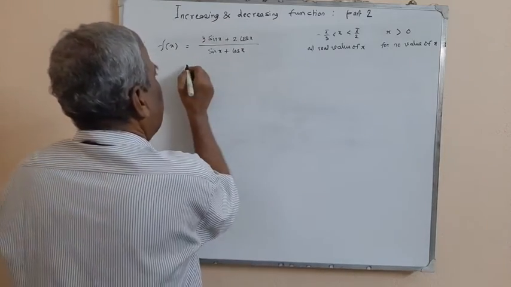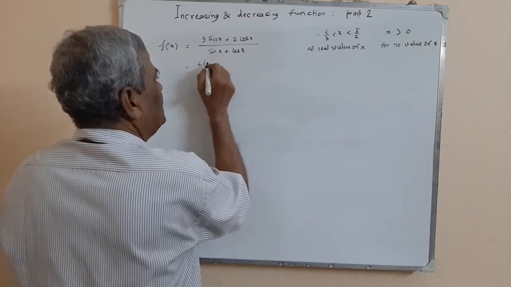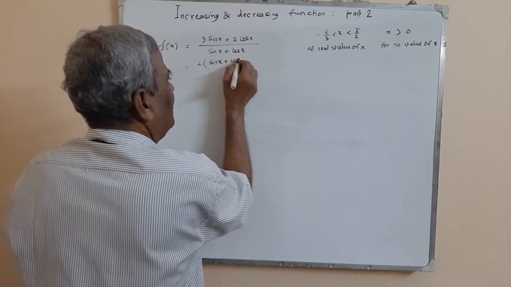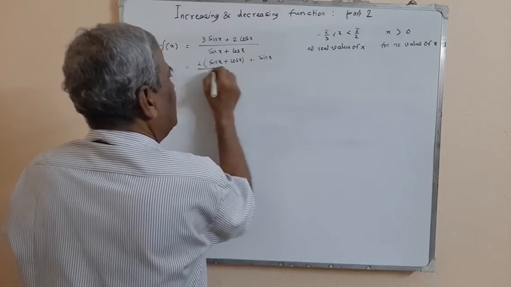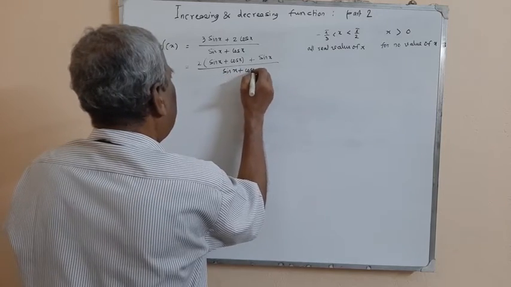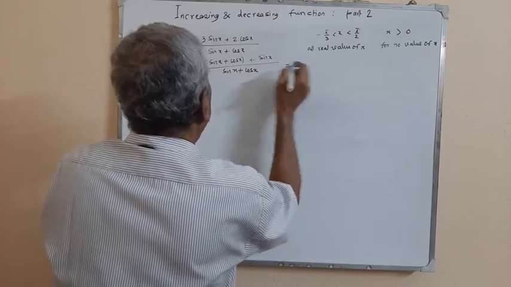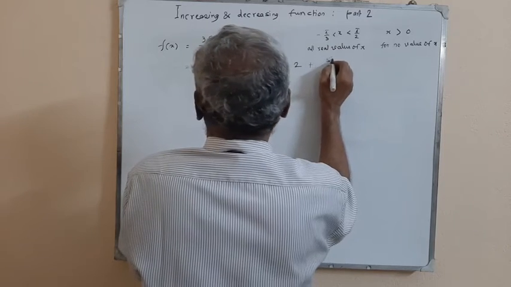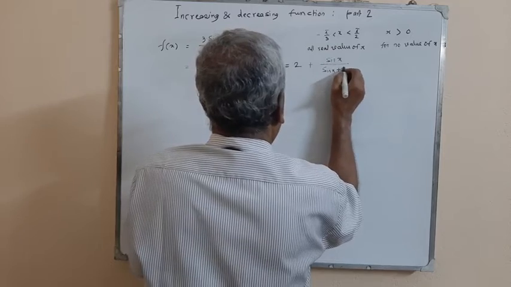This can be simplified as 2 into (sin x + cos x) plus sin x, all by sin x plus cos x. That is equal to 2, this by that, plus sin x by sin x plus cos x.